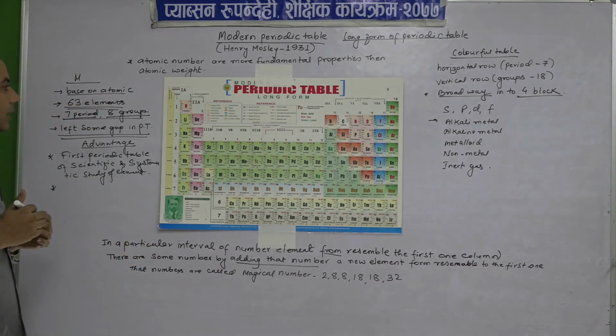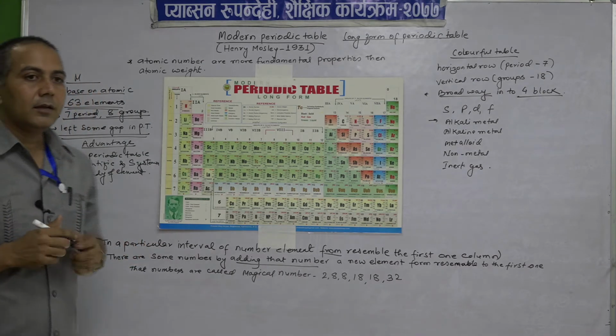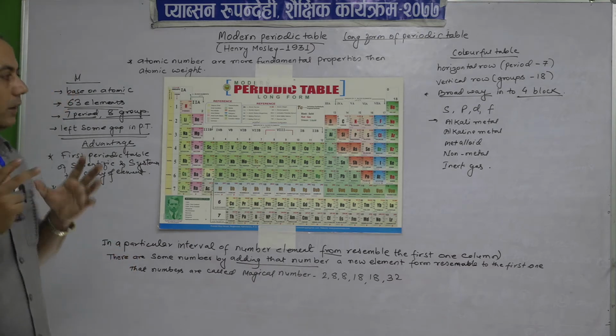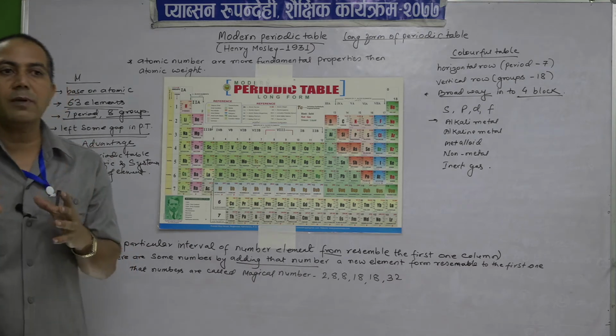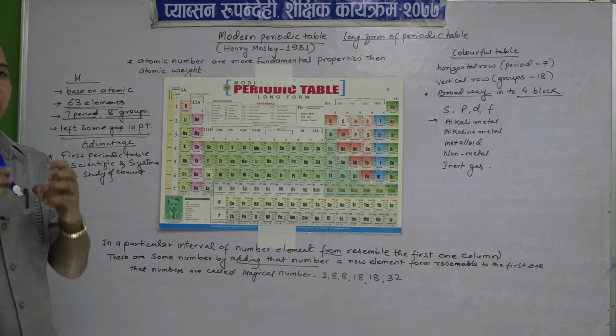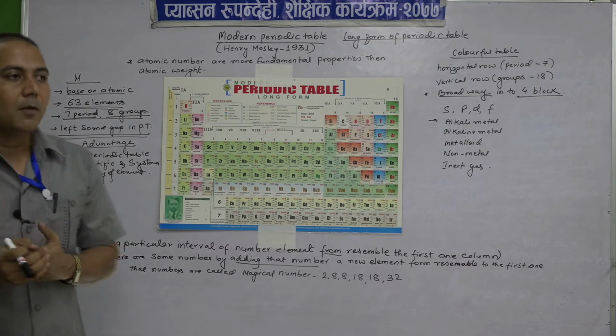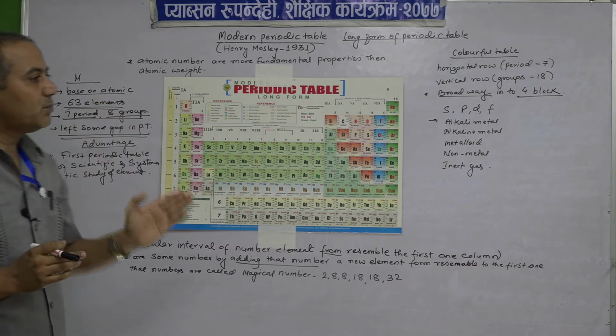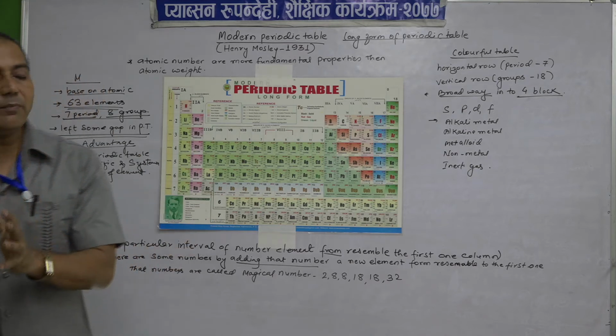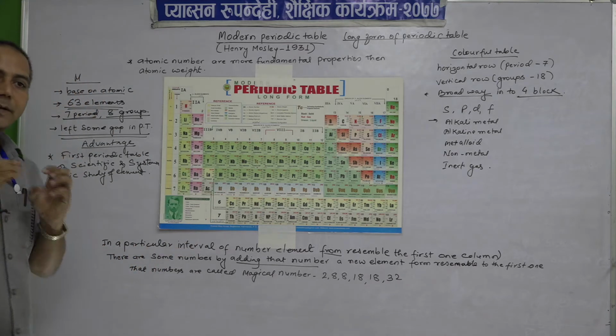Another advantage is that the inert gases, or noble gases, were not discovered at that time, but they were placed without disturbing the Mendeleev periodic table.